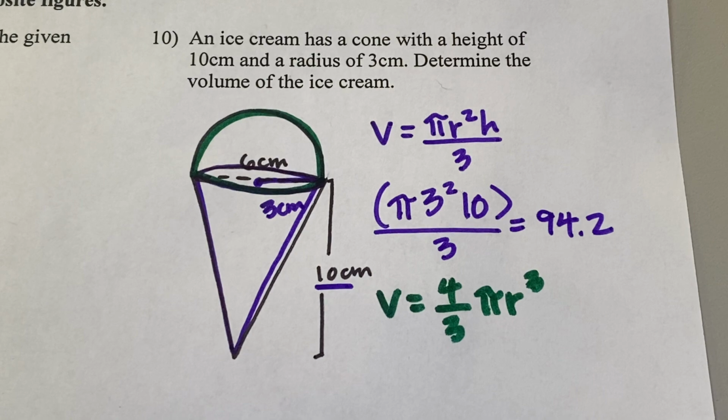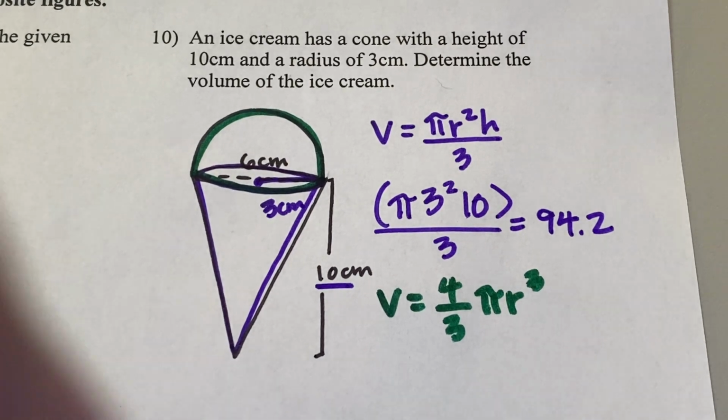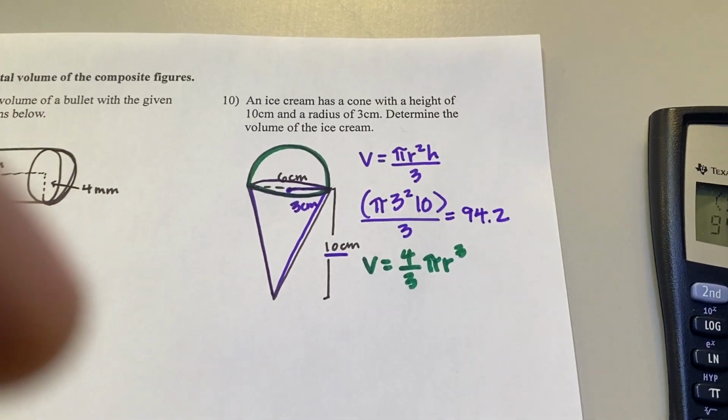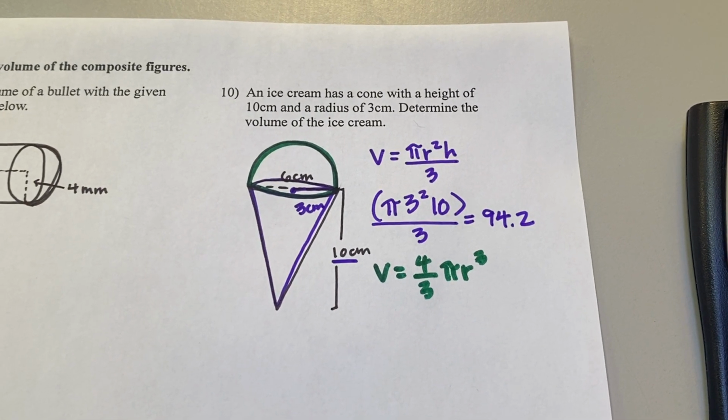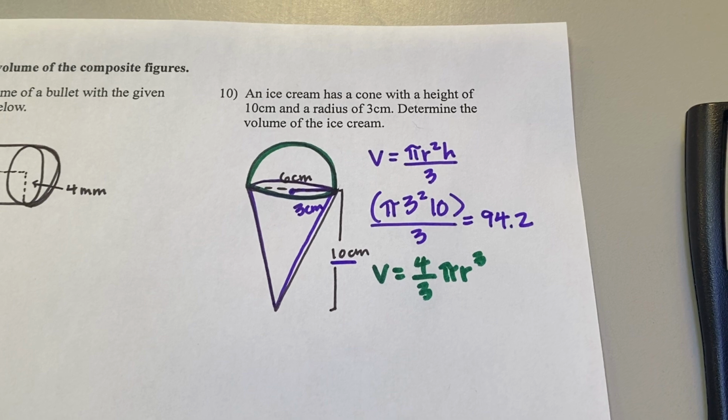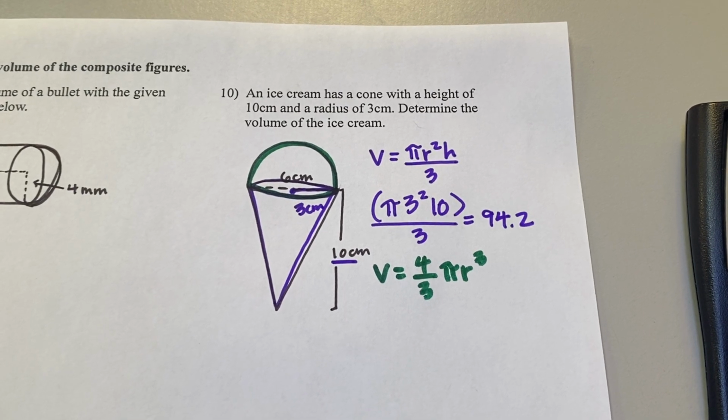With this sphere, the only measurement I need is my radius. What's the radius of the ice cream? Oh, 6, that's the diameter. 3. 3, good job.